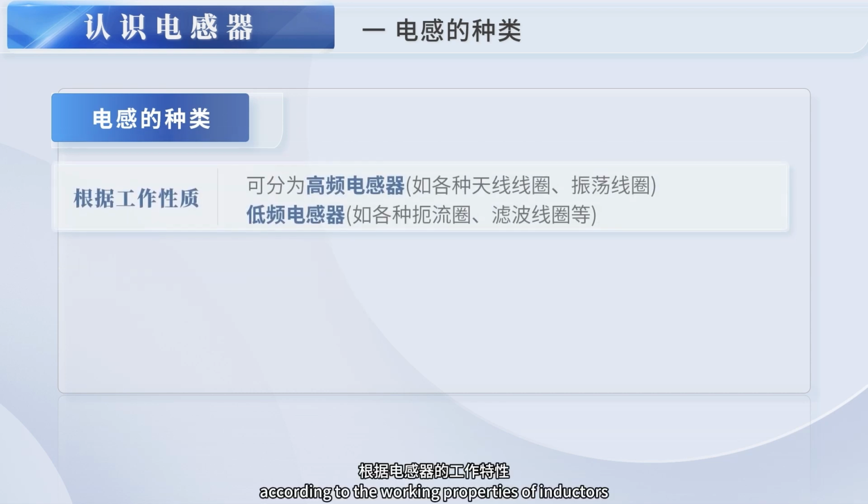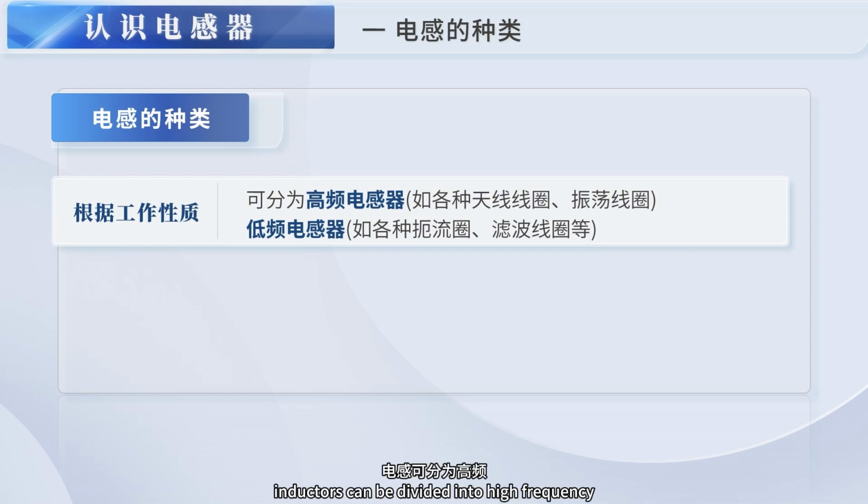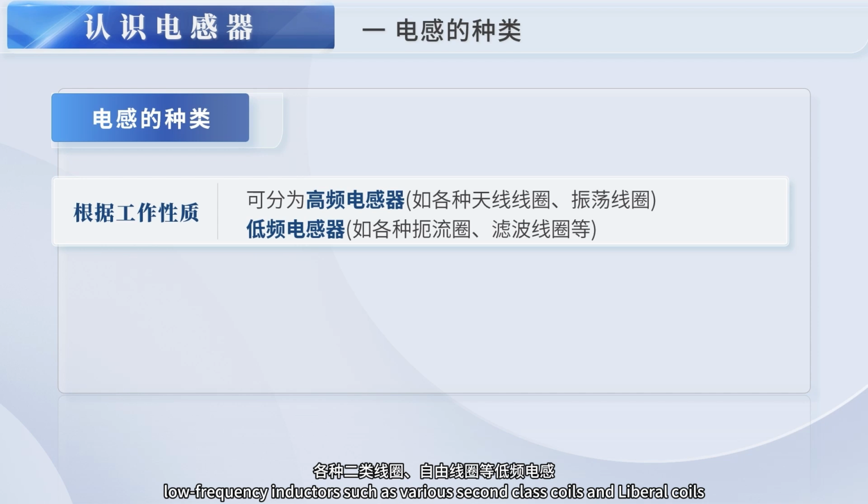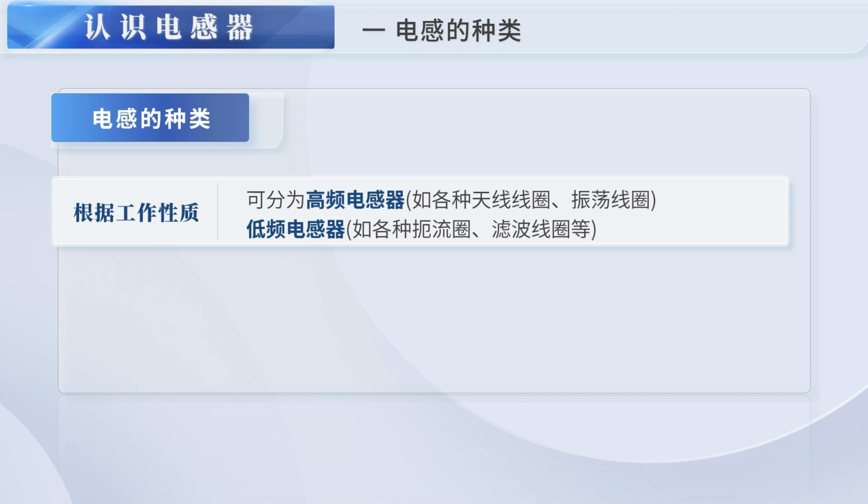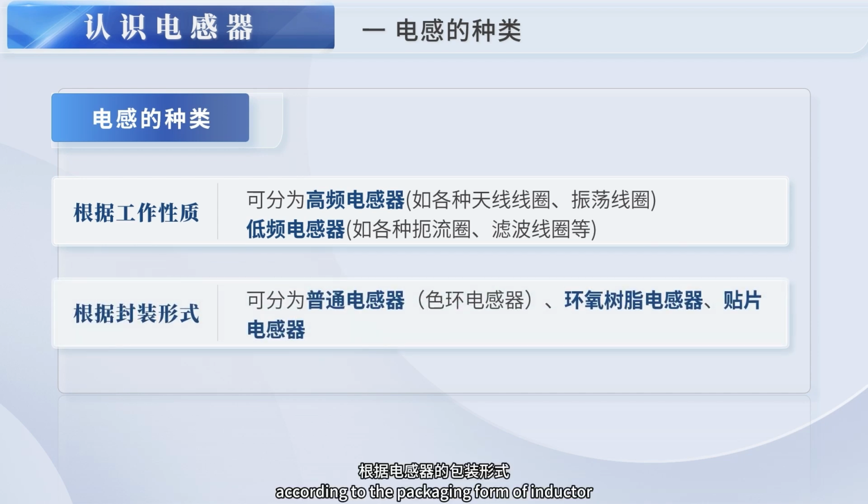According to the working properties, inductors can be divided into high-frequency inductors, such as various antenna coils and oscillating coils, and low-frequency inductors, such as various choke coils and filter coils. According to the packaging form, inductors can be divided into ordinary inductors, epoxy resin inductors, chip inductors, etc.